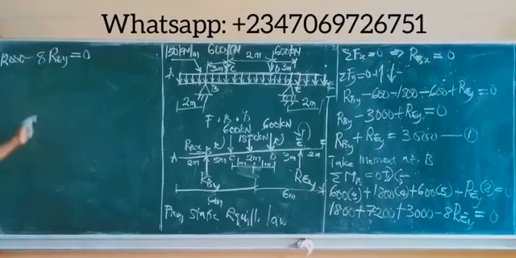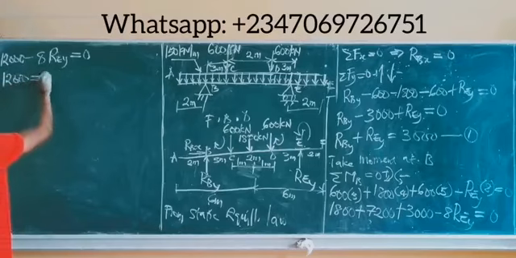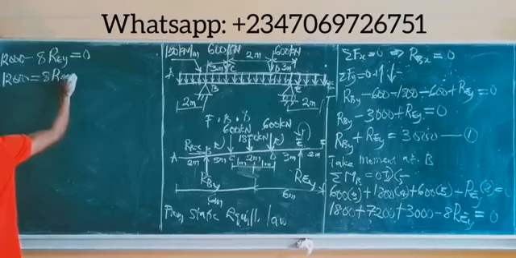So now we send minus 8REY over to this side. Negative sign plus sign equal sign becomes positive. We simply have 12,000 equals 8REY. So to make REY subject, divide both sides by 8.